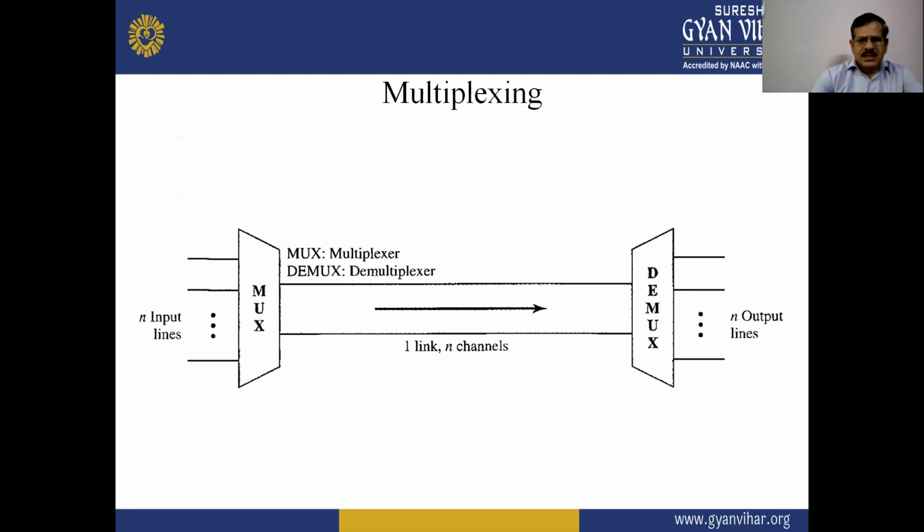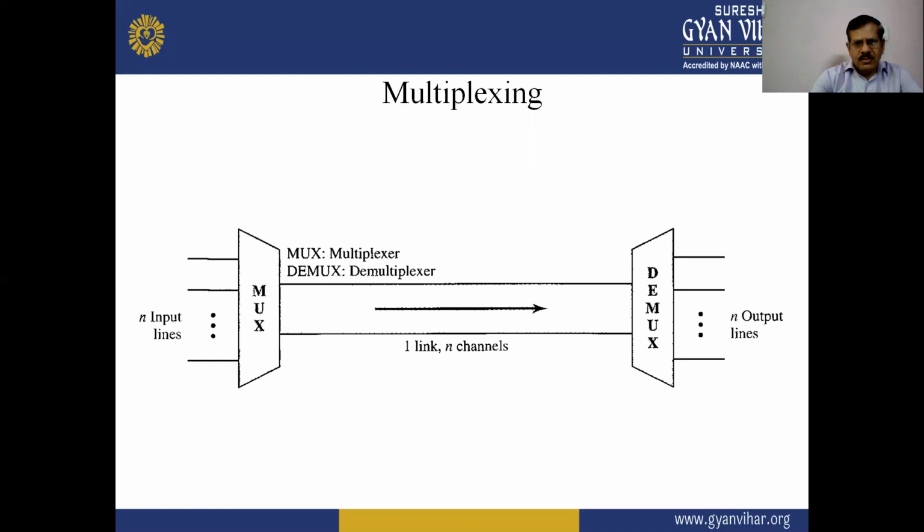In multiplexing, in this diagram, there are different input lines. With the help of the multiplexer, these different input lines are converted into a link or a channel, and that channel, at the destination point, the demultiplexer, is converted again into different output lines.